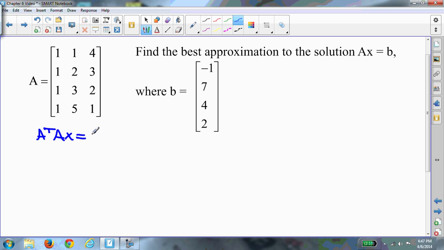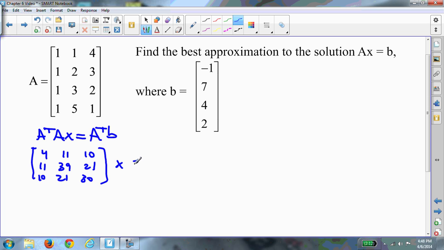So the normal equations is when you have A transpose A x equals A transpose B. So what I did on my calculator was A transpose A, and I got the matrix 4, 11, 10; 11, 39, 21; and 10, 21, 30. Notice A transpose A is symmetric.